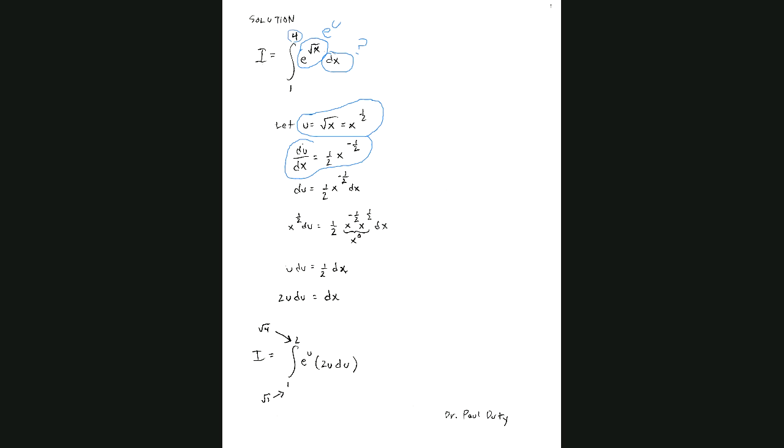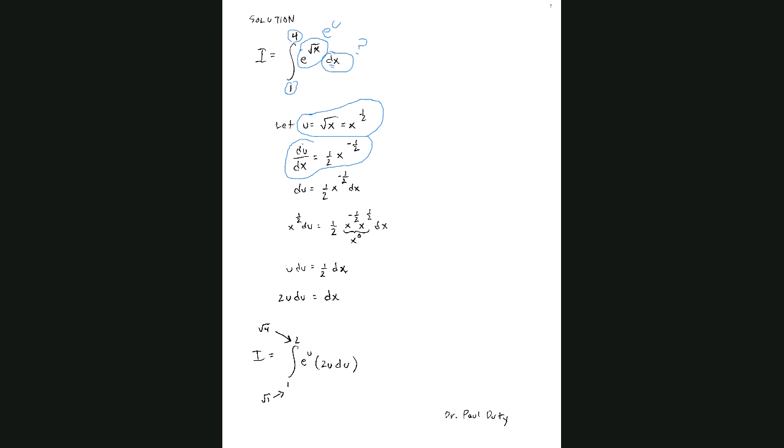The x limits will become u limits: the x limit of 4 will become 2 because the square root of 4 is 2, and the x limit of 1 will become the u limit of 1 because the square root of 1 is 1. So it's easy, except we've got to find dx.